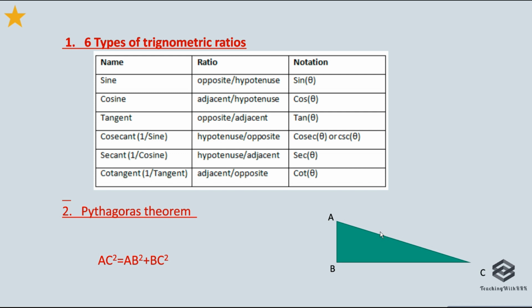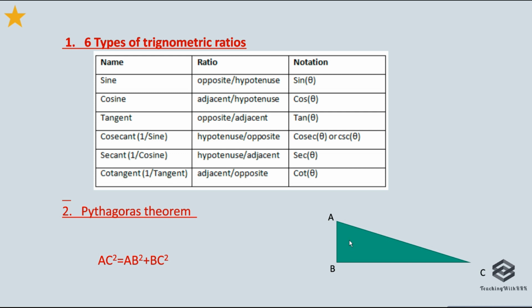Cosecant is 1 by sine, that is hypotenuse by opposite, AC by BC. Sec A is hypotenuse by adjacent, AC by AB. Cotangent is 1 by tangent, that is adjacent by opposite, AB by BC.